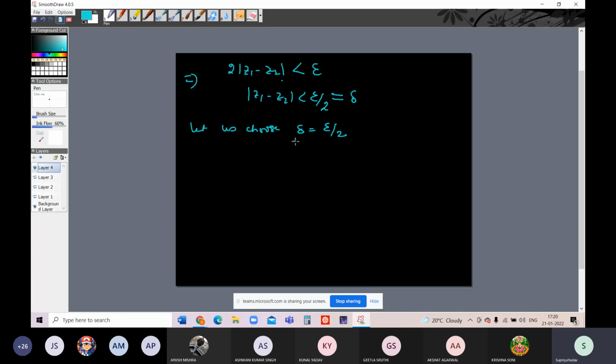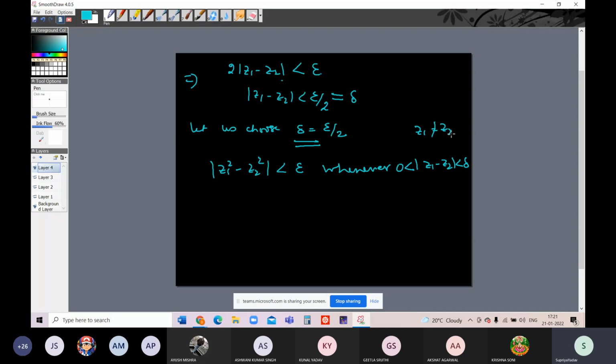So for this choice of delta, we have mod of Z1 square minus Z2 square is less than epsilon whenever mod of Z1 minus Z2 is less than delta, where delta is epsilon by 2. Delta is depending upon this epsilon. And this quantity is greater than 0 because Z1 and Z2 are two different points.